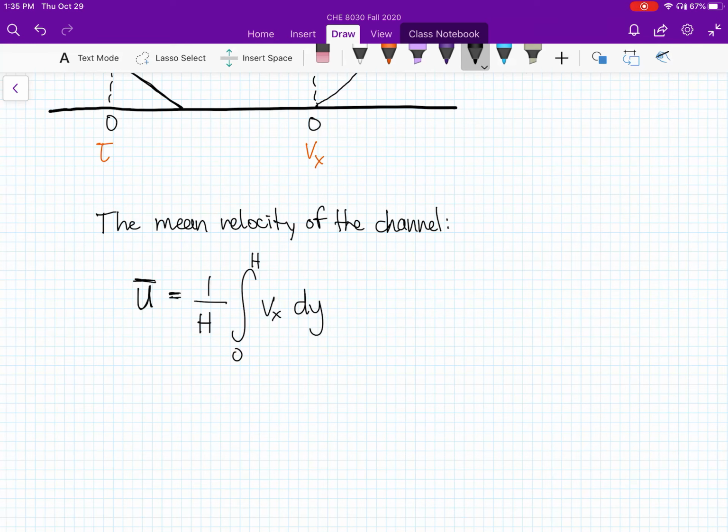The form of this should look familiar. This is the same form that we used to determine the mean temperature when we were solving the fin problem. So for this particular scenario, if I plug in my velocity profile, I integrate, evaluate at 0 and h, I end up with the following equation.